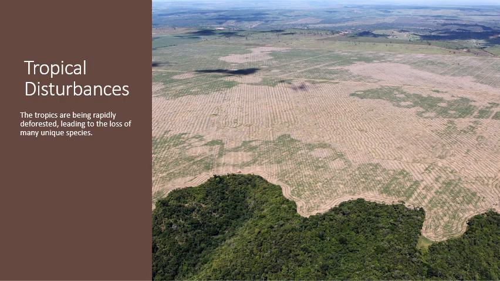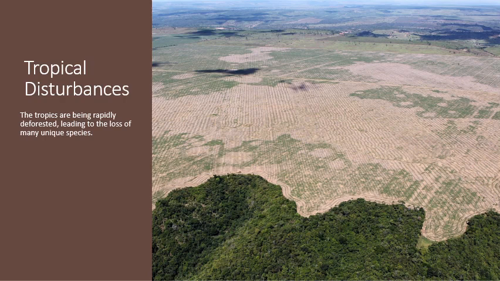Right now, the tropics are undergoing heavy disturbances. Now, these are man-made disturbances. We're moving from heavily forested rainforest to lands for cattle grazing. It's being burned, it's being chopped, it's being taken down. Now, we just learned in the last lecture about disturbances.